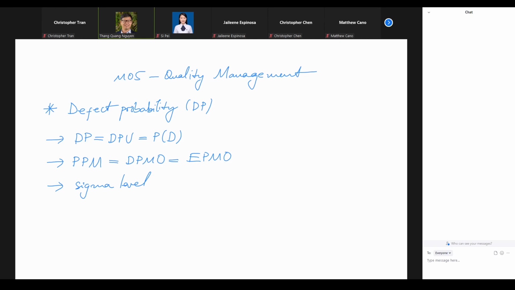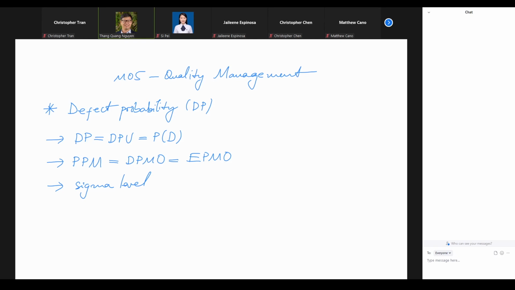If the Cp is 2, then it means that we can squeeze 6 standard deviations inside, 3 on one side of the design specification, right? So the sigma level in the textbook is how many standard deviations we can squeeze inside the spec limits, and the more the better, because more means we'll have fewer defects out of our process.